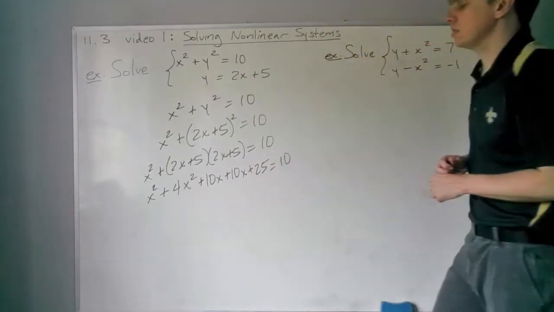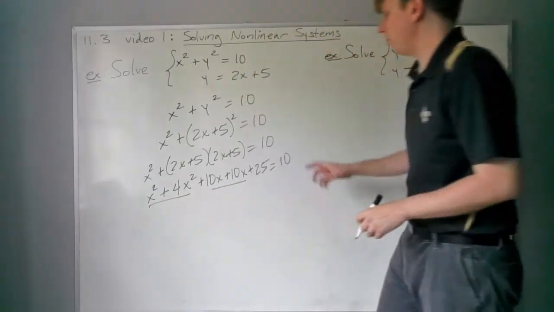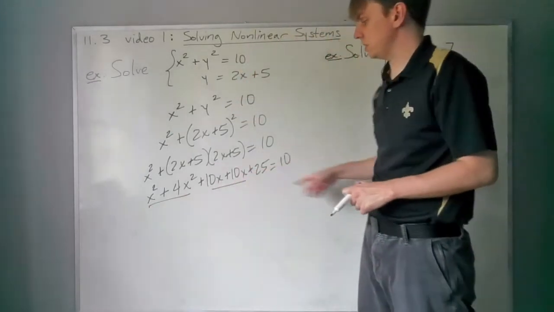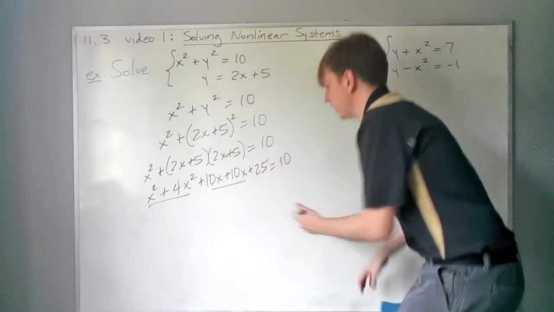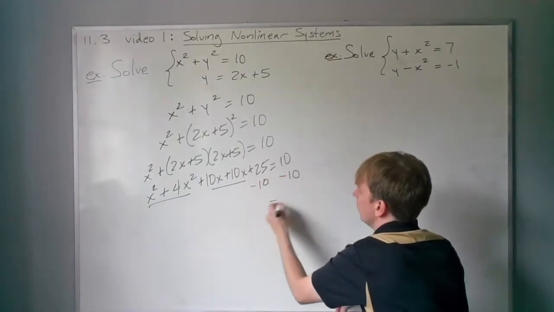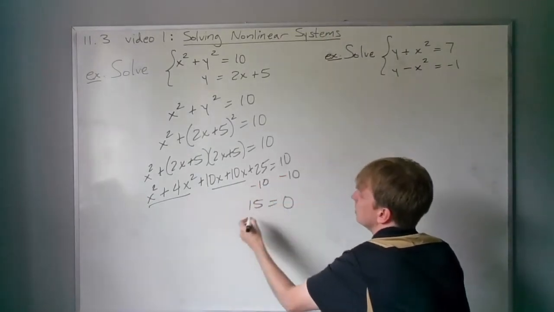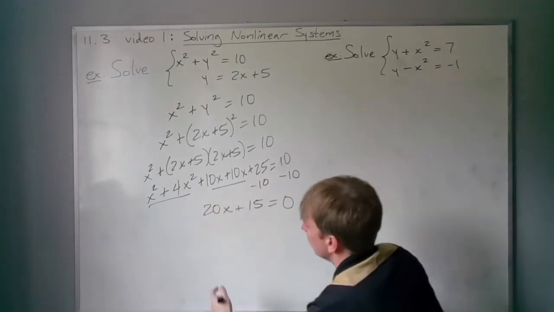And next up, I want to combine like terms. And since it seems like it's going to be a quadratic, I'll move the 10 over to the other side, so I'll be able to combine the 10 and the 25. So if I subtract 10 from both sides, we end up with 15, 20x, and a 5x squared.